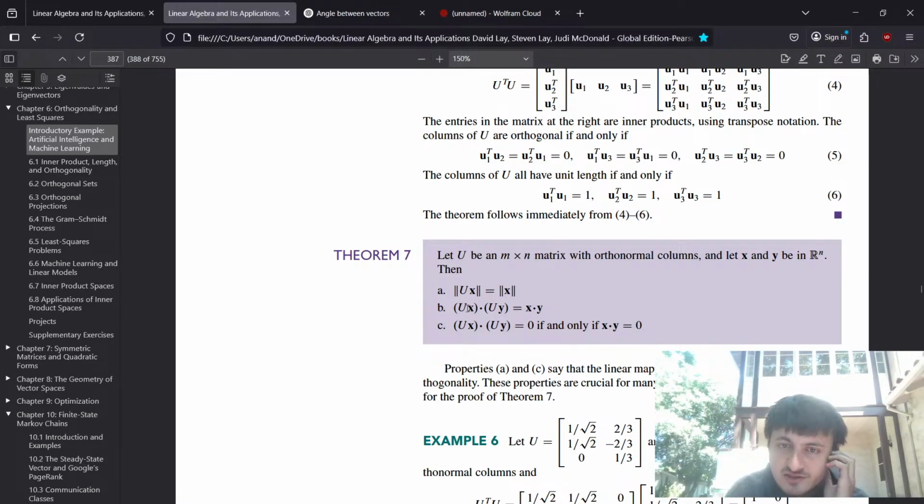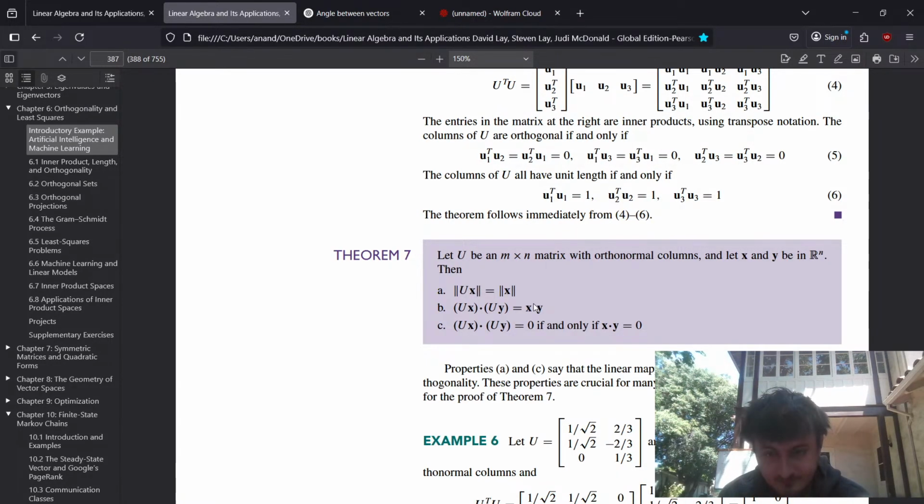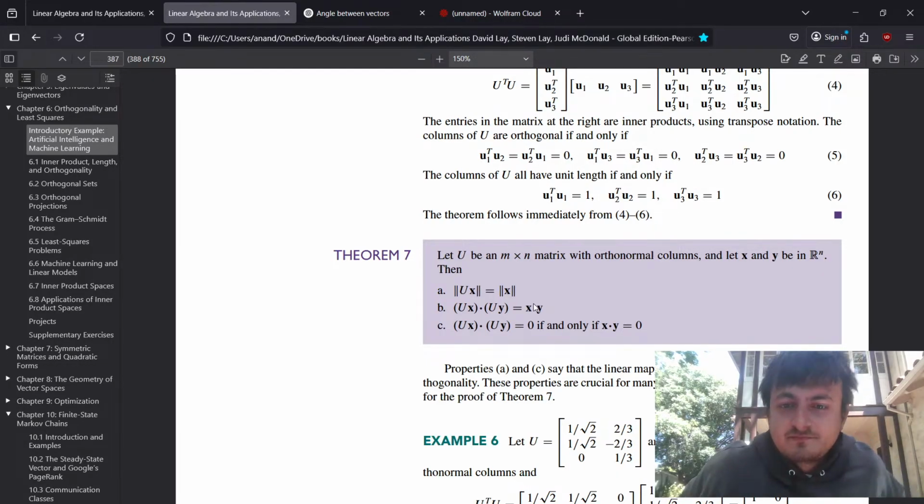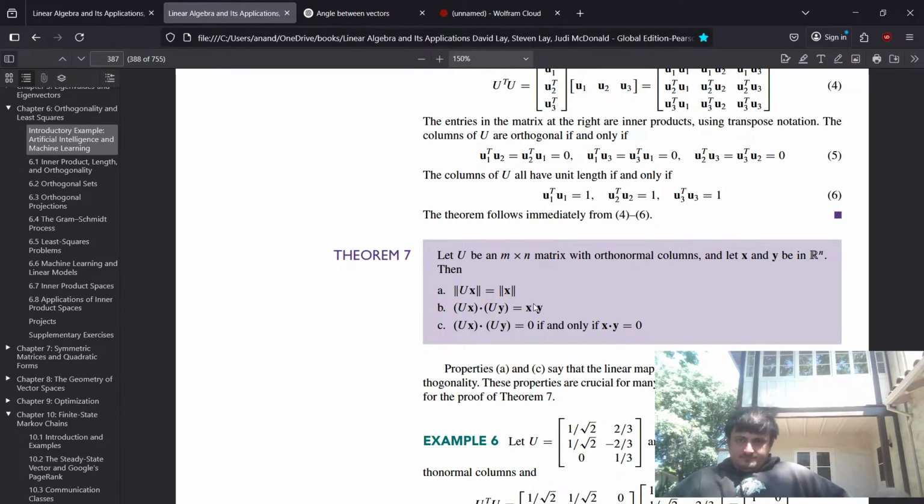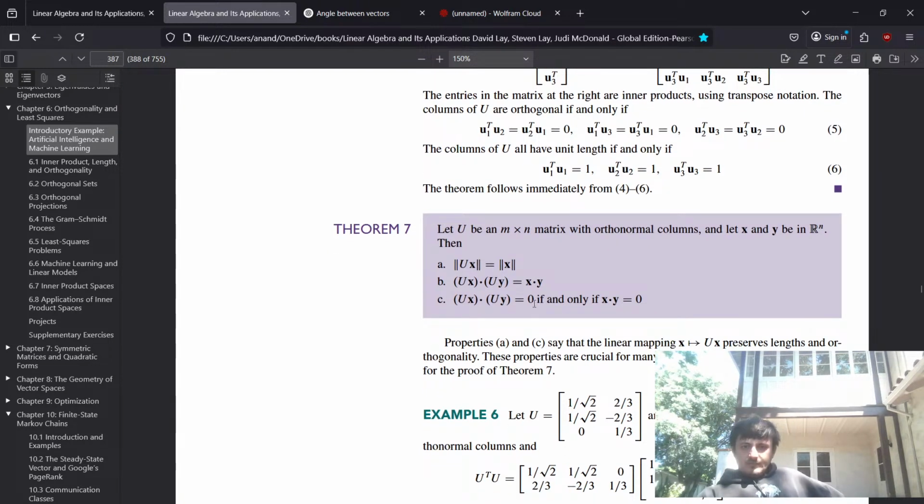That one, B, is really interesting. They're length preserving linear transformations. Oh, nice. Yeah, preserves lengths. These properties are crucial for many computer algorithms.